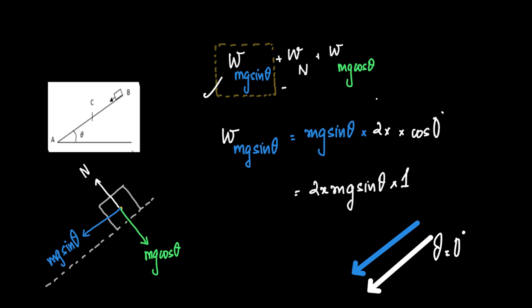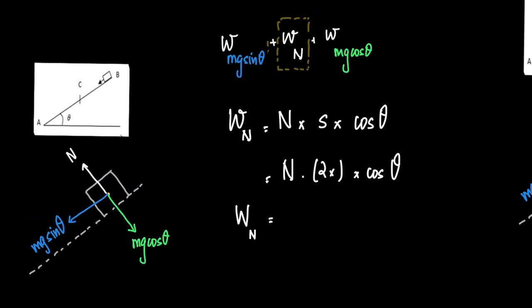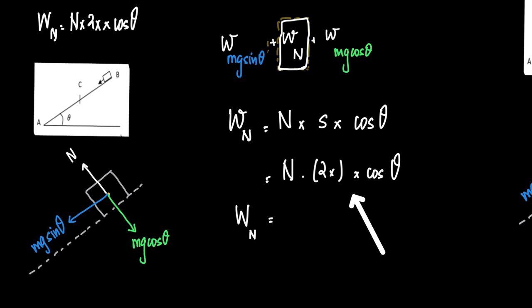Now let us find out the work done by the normal reaction. When you calculate the work done by the normal reaction, what do you do? Same equation: work done by the normal reaction will be equal to the magnitude of the normal reaction into the displacement, which is 2x, into cos of the angle between the normal reaction and the displacement. What is the angle between these two?